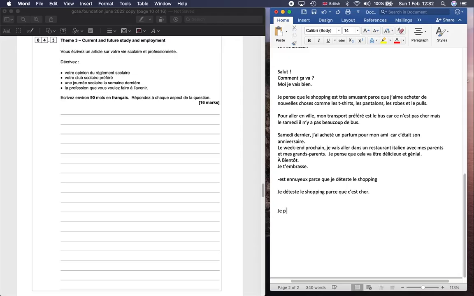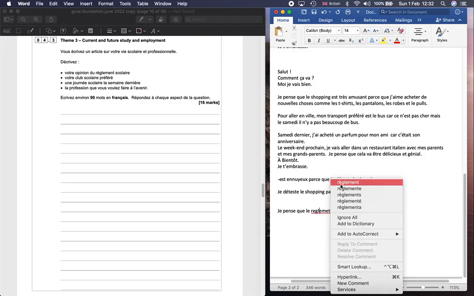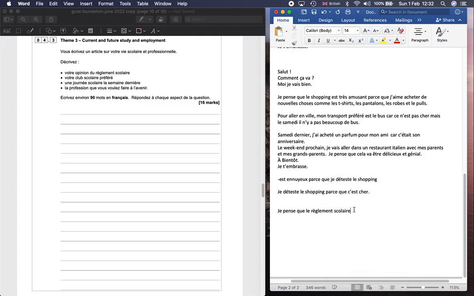So, je pense que le règlement scolaire. So we think that the rules are probably necessary for discipline, to help pupils to be disciplined, something like that.